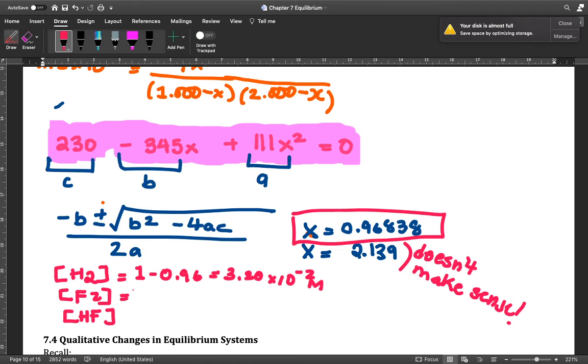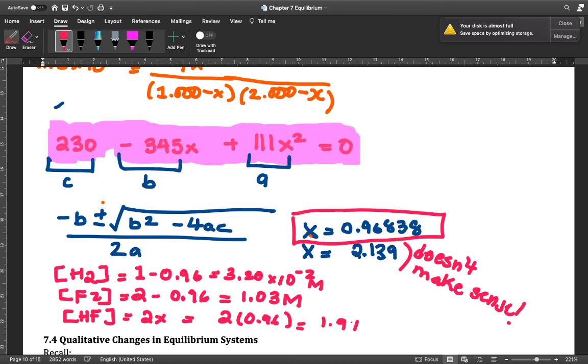For F2, my concentration at equilibrium is 2 minus 0.96, or 2 minus the X value, which will give me 1.03 moles per liter. And for HF, it's 2 times X, which is 2 times 0.96, etc., which will give me 1.94 moles per liter.